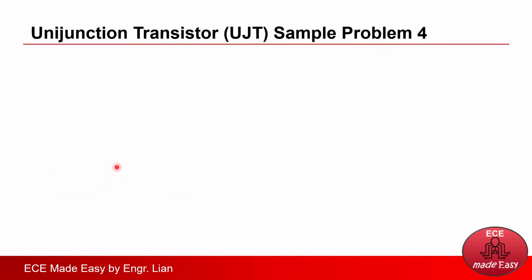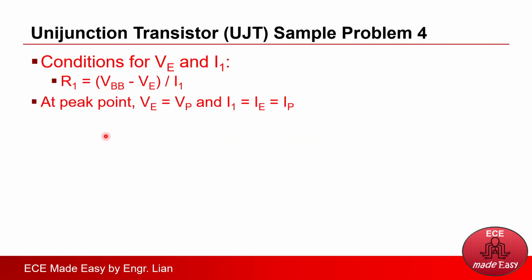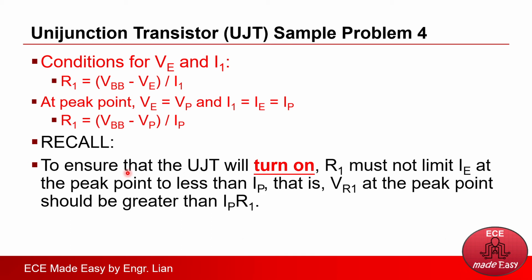So let's continue. For the condition at the peak point, if we substitute into the equation for R1, this becomes R1 equals VBB minus VP over IP. To recall the concept, to ensure that the UJT will turn on, R1 must not limit IE at the peak point to less than IP.